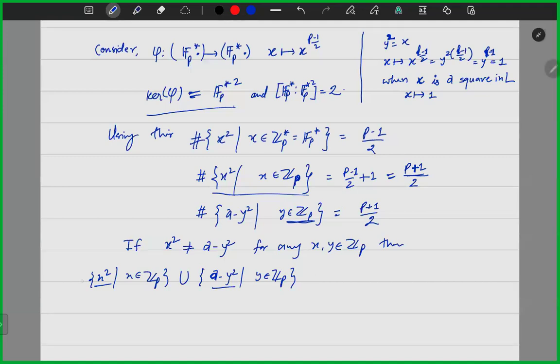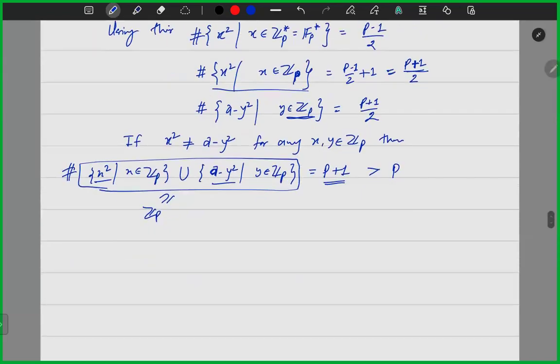Then the cardinality of this union will be p plus 1 by 2 plus p plus 1 by 2 is equal to p plus 1, which is strictly bigger than p. But these are subsets of Zp. So this is a contradiction.